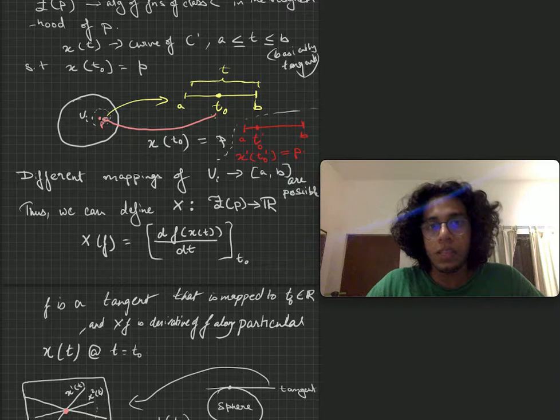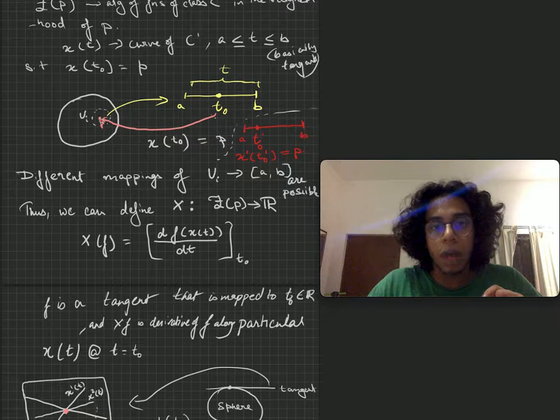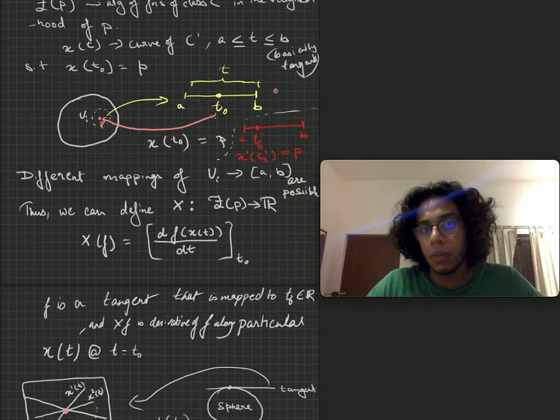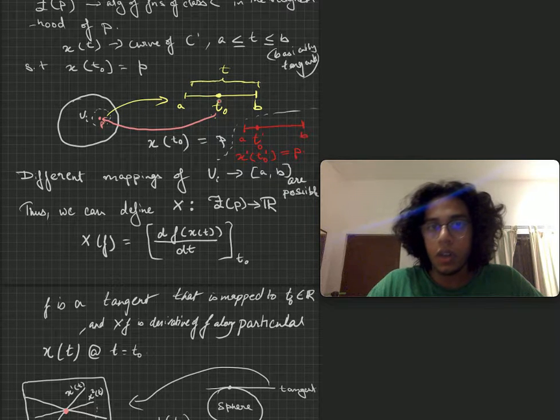Okay. Now basically you're taking the point P and mapping it onto a real line segment, because you have a closed interval. Okay. You have a real closed interval a and b, and you're mapping this point or this neighborhood onto a and b. Alright.